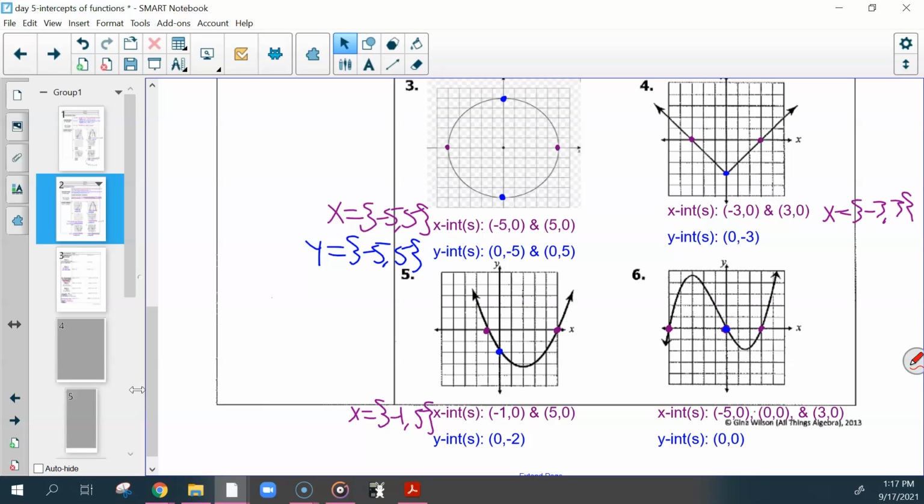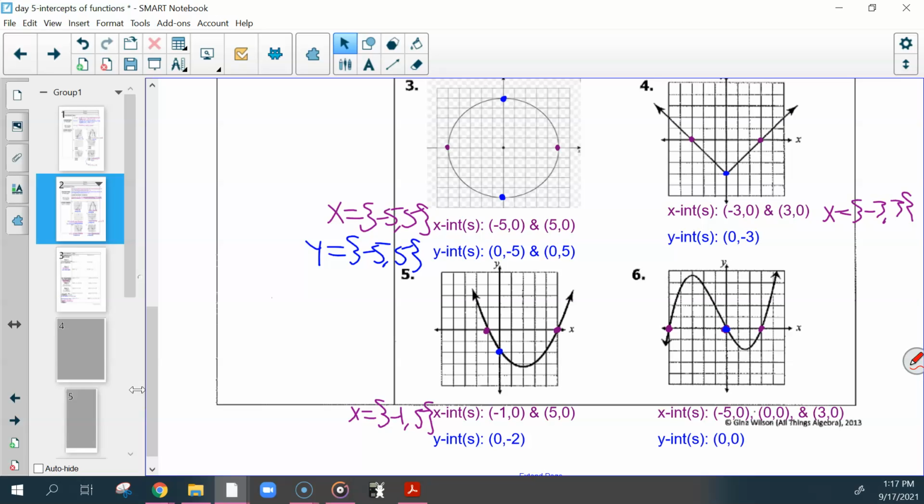For number 4, you had 2 x-intercepts at -3 and 3, and then 1 y-intercept at -3. And for 5, you had 2 x-intercepts at -1 and 5, and 1 y-intercept at -2.